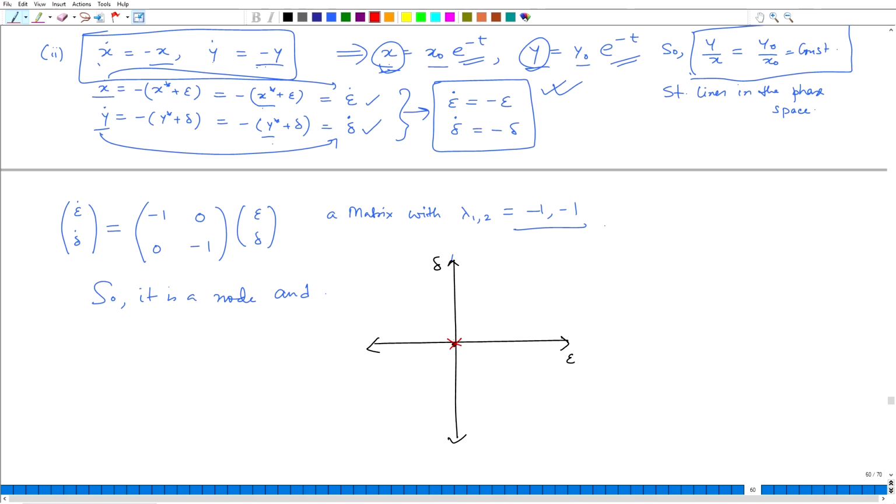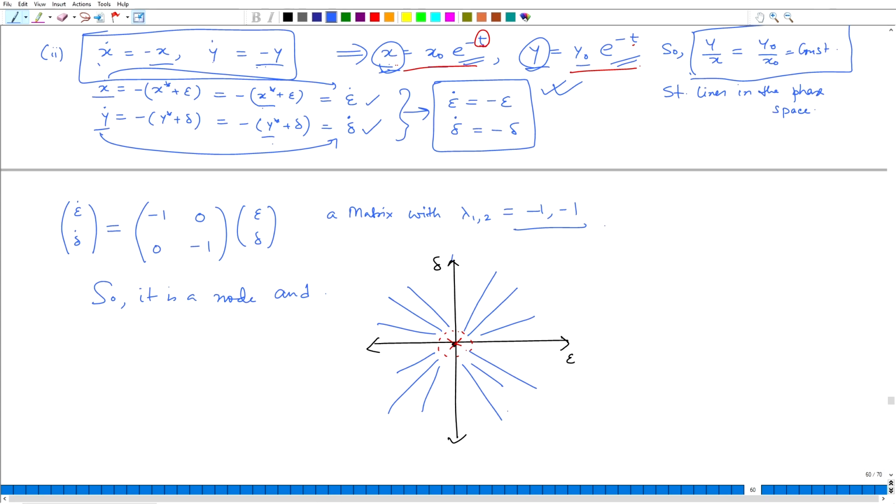Also, the fixed point cannot be reached by this rule for any realistic finite time. This will be 0 when t is plus infinity, which is theoretically possible, but practically it is not. That is why this fixed point is an isolated point, and the phase space trajectories will be given by straight lines, like this, like this, like this.